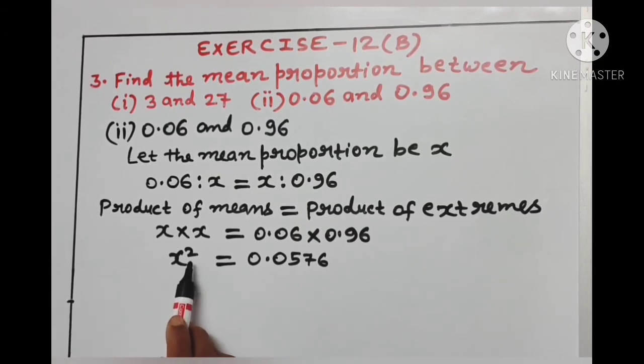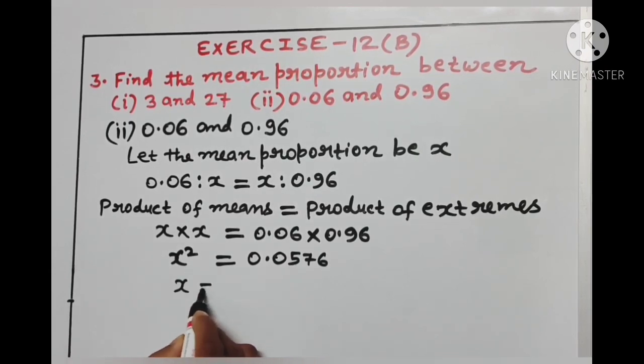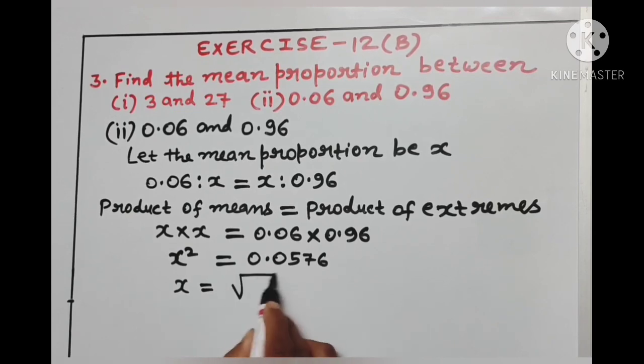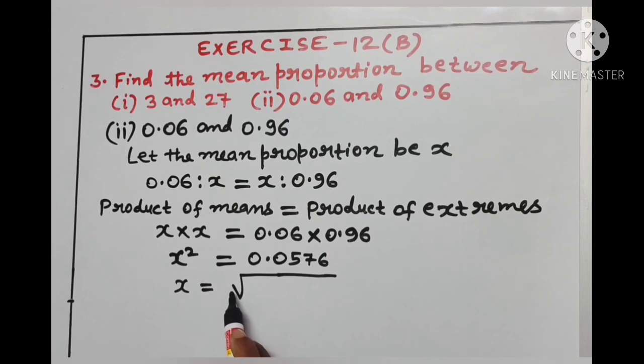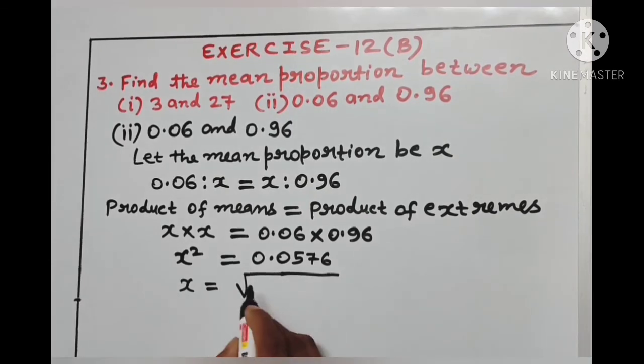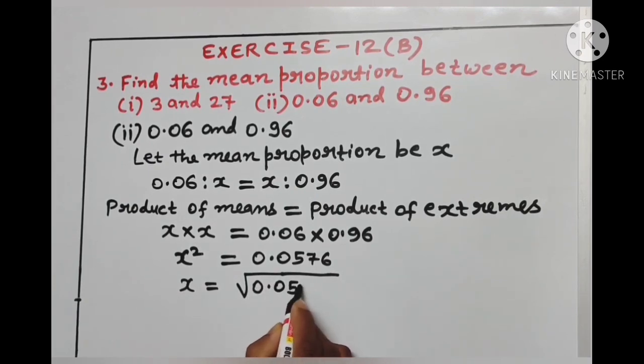So for this we have to remove this 2, this square. So I already told you about it. So when we remove it, then we have to put the square root symbol here, and we have to write this number under this square root symbol, 0.0576.